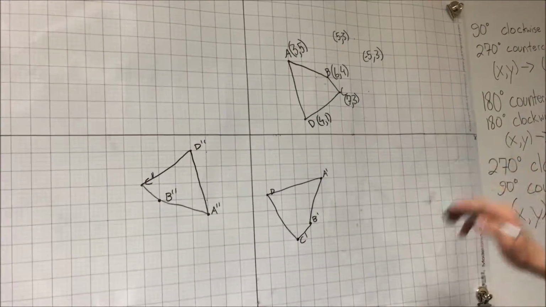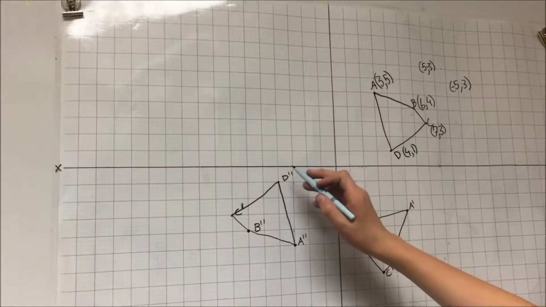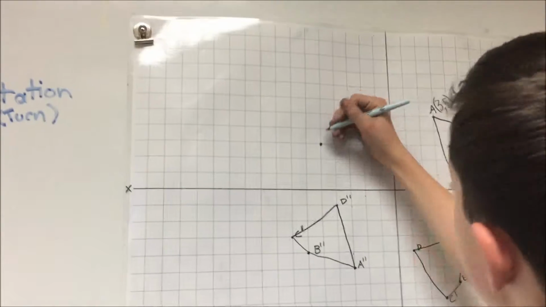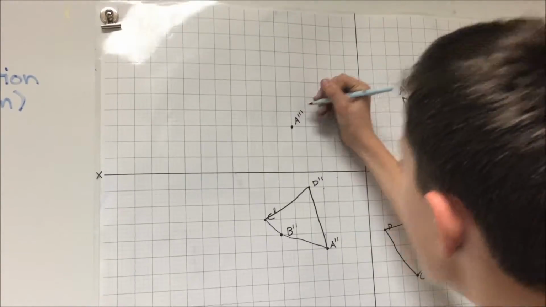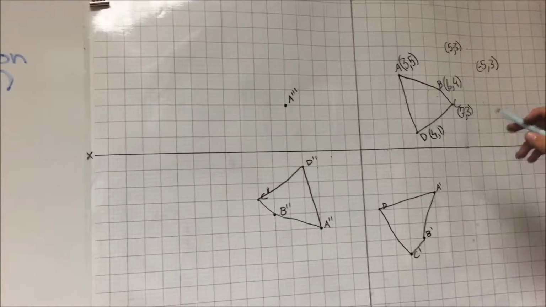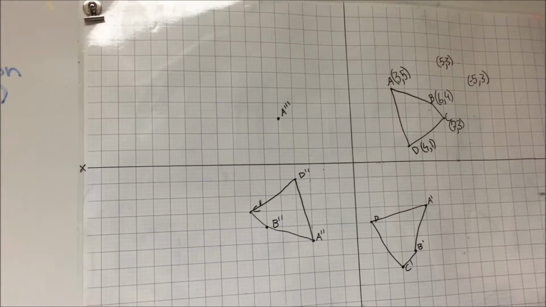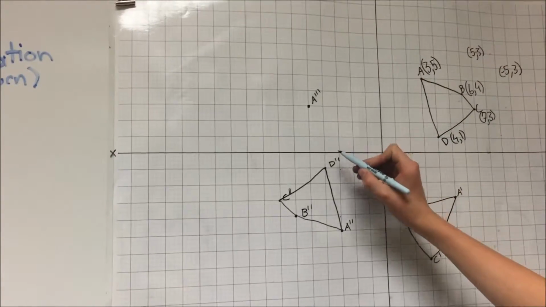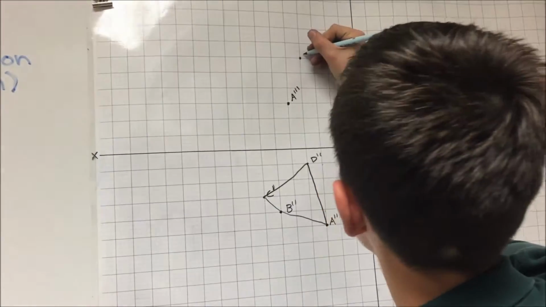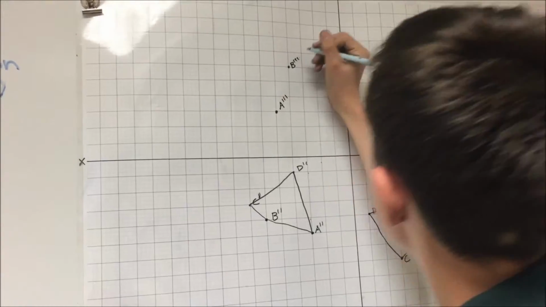So now negative 5, 3 is your new A triple prime. And then you have B, so you flip them, make the first one negative, so it's negative 4, 6. That is your B triple prime.